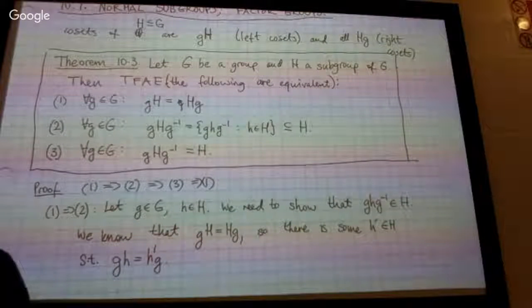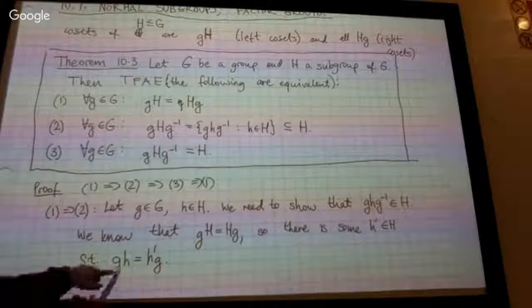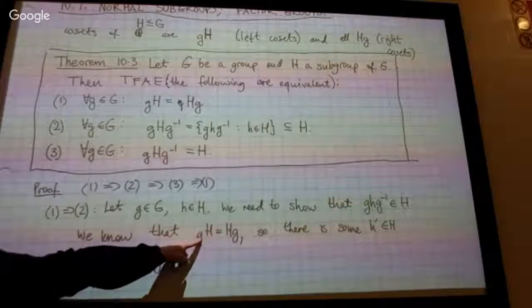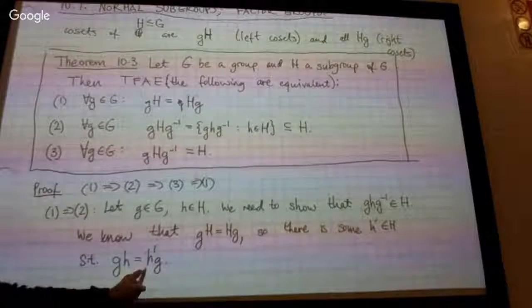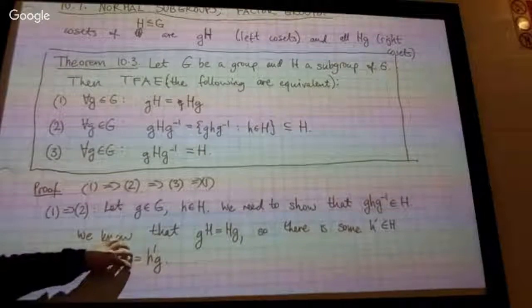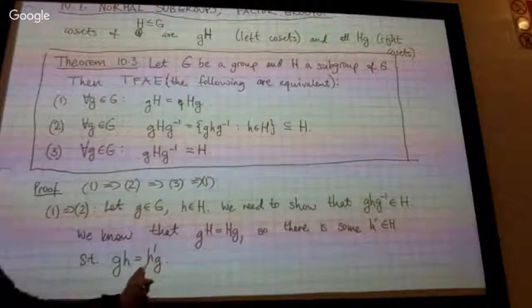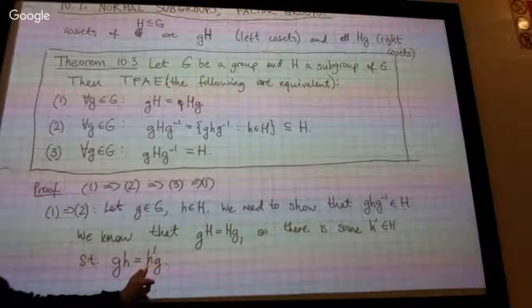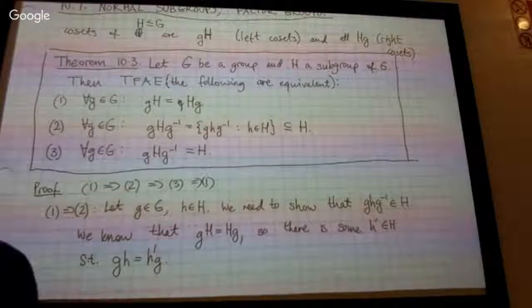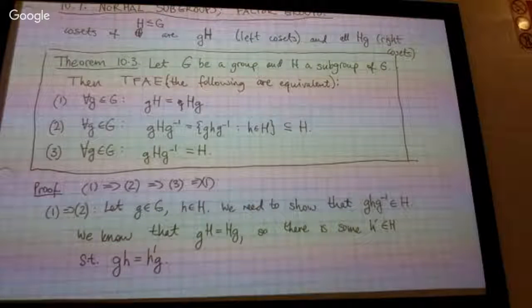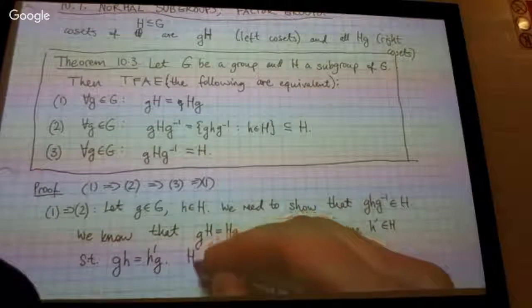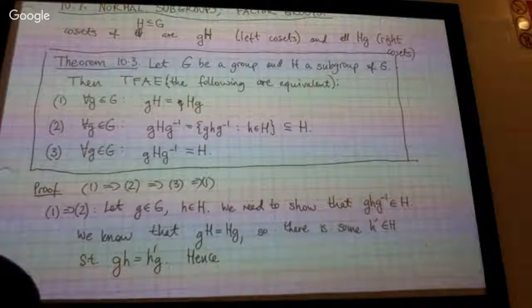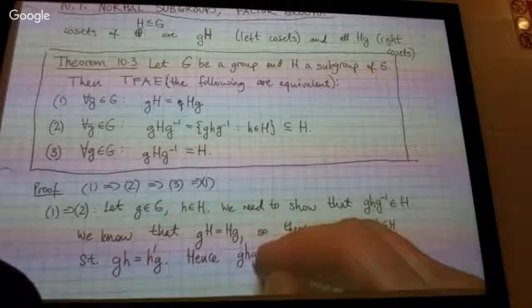Okay. This is in this coset. This coset is equal to that. So there has to be a witness for this element being in that set, and that witness is h dashed. So we've got this witness, and what do we do with it? We look at the ghg inverse.